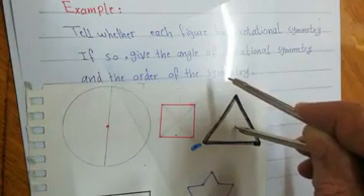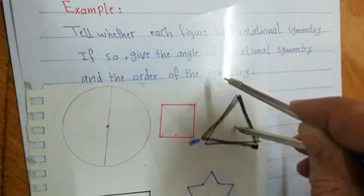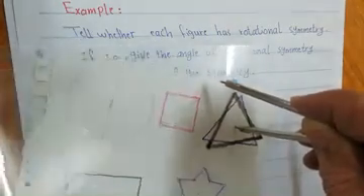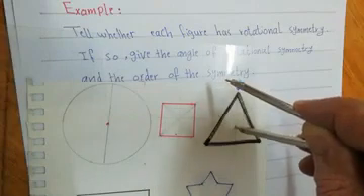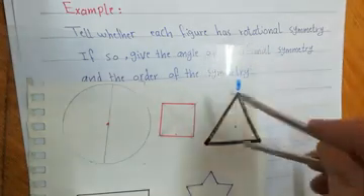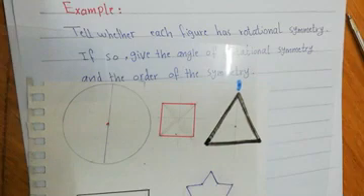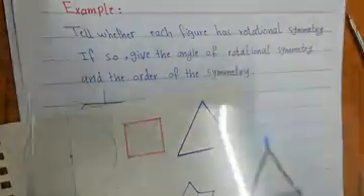Look, it mapped onto itself, and now this is the last time. So it mapped onto itself three times, because it has three vertices.